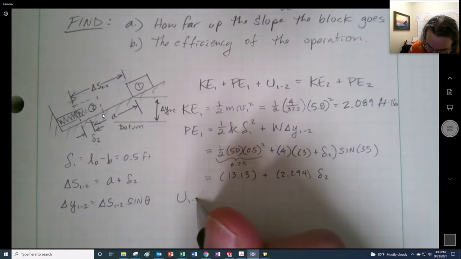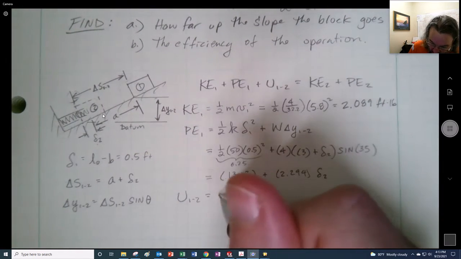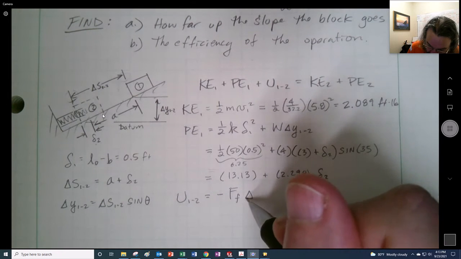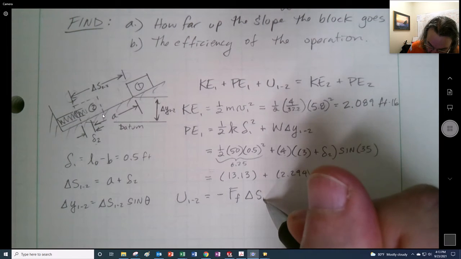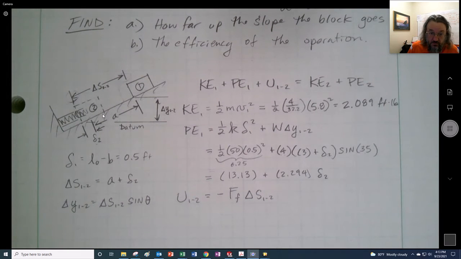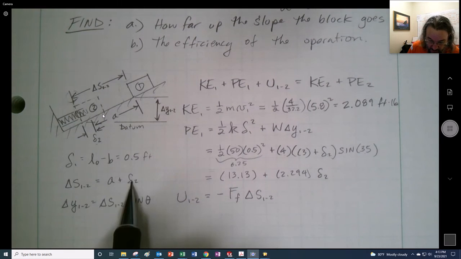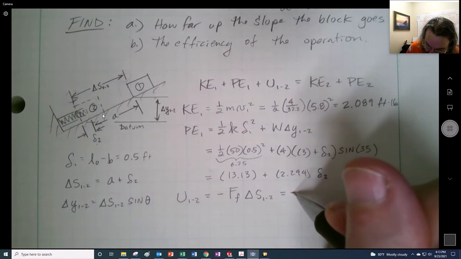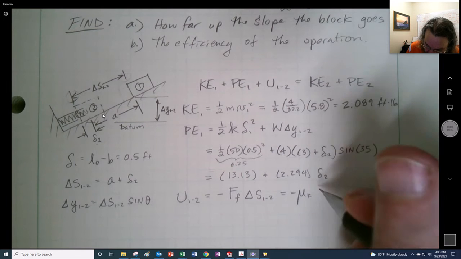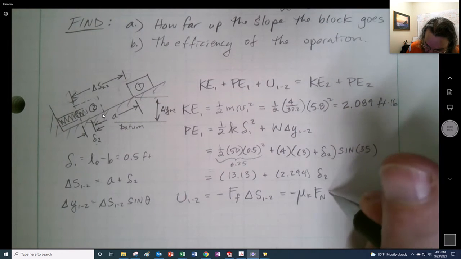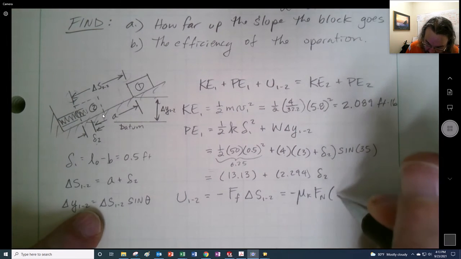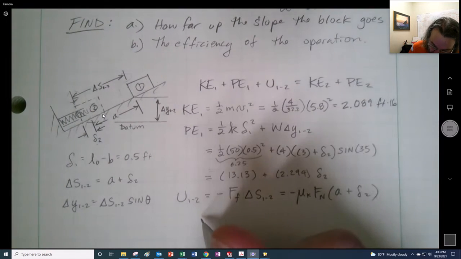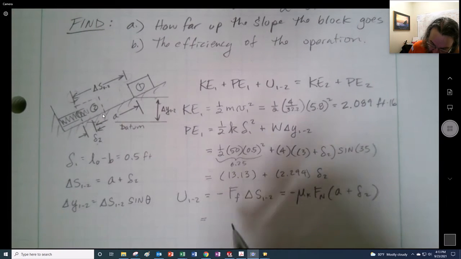Right. So coming down to here, when we go to the external work, U1 to 2 is going to be negative friction times delta S1 to 2, which is going to be the A plus that guy right there. So we know that's going to be the coefficient of friction times the normal force times A plus del 2. So let's put some values into there.